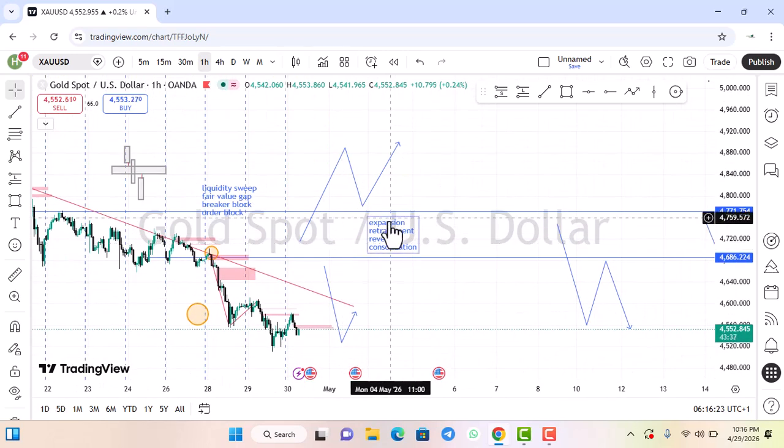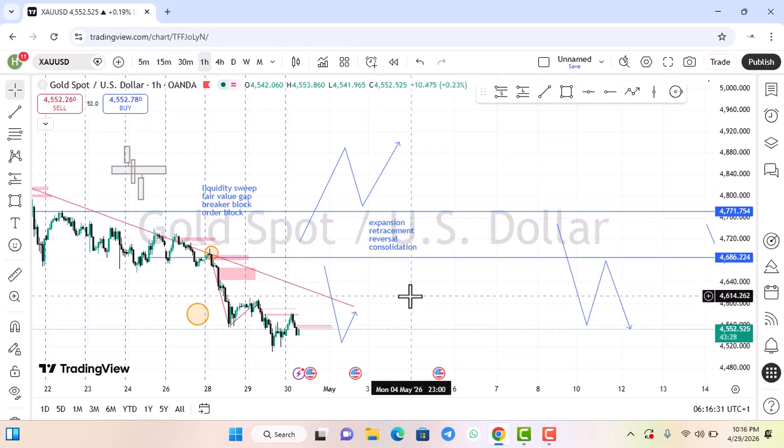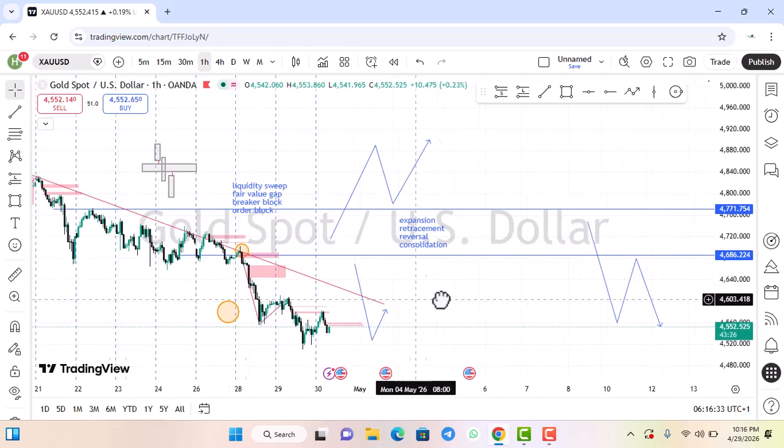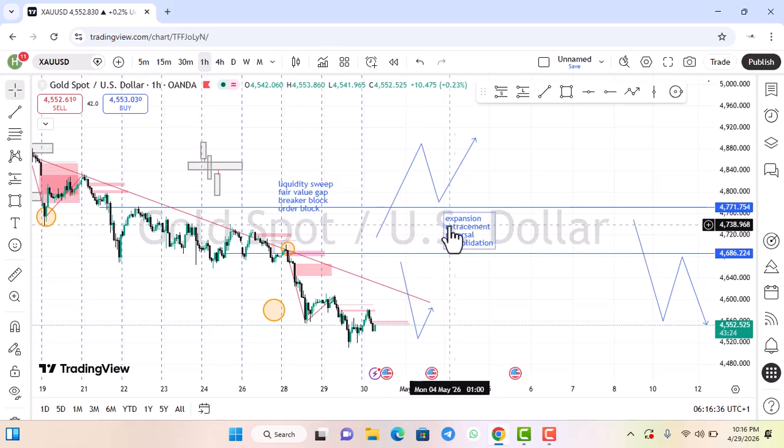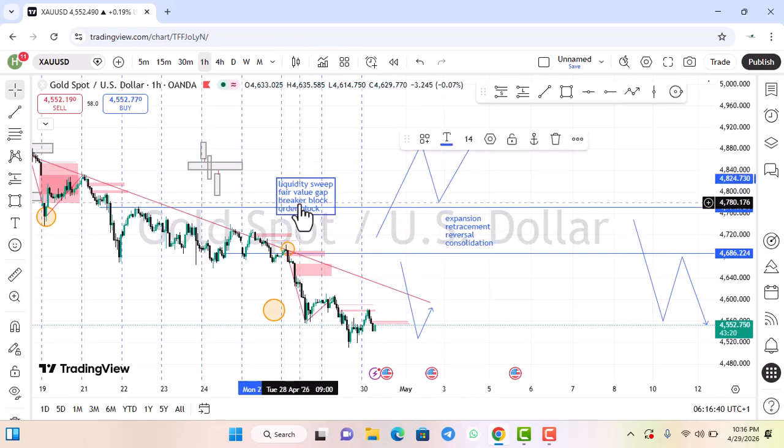So I'm going to explain market structure, so from there you understand all these bullish and bearish trends. All right, so don't really worry much about the trends now. This is what price respects when the price reverses.